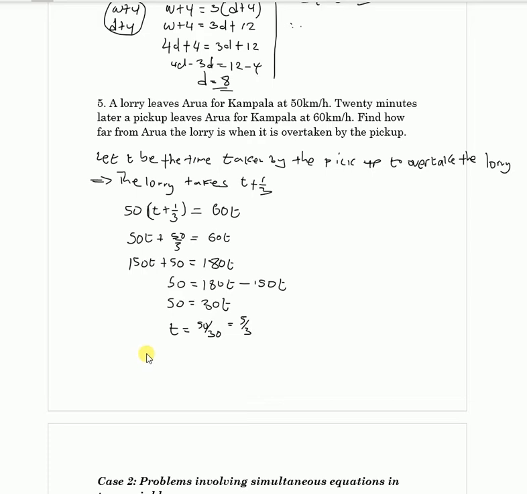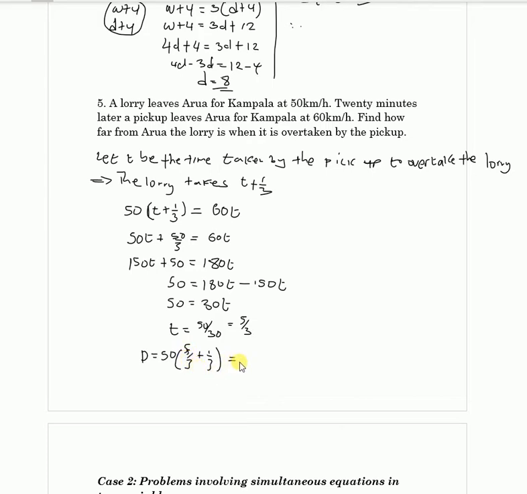So the lorry is at a distance which is 50 into t, which is 5 over 3, plus 1 over 3.